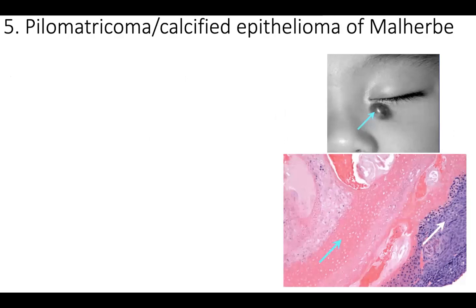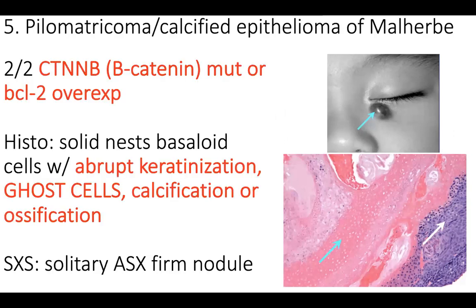Pilomatricoma or calcifying epithelioma of Malherbe is going to be a CTNNB1, or beta-catenin mutation, with BCL2 overexpression. So this is catenin beta, is how you remember it.